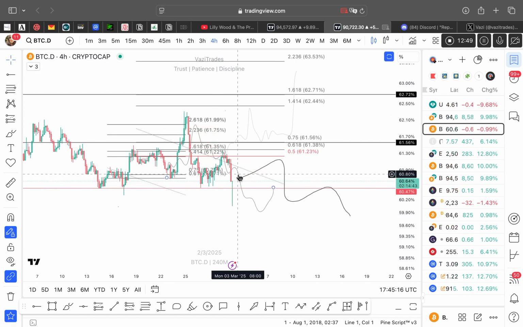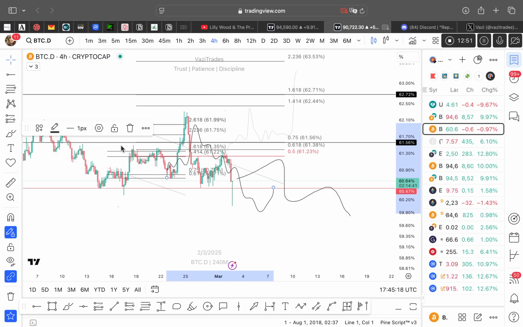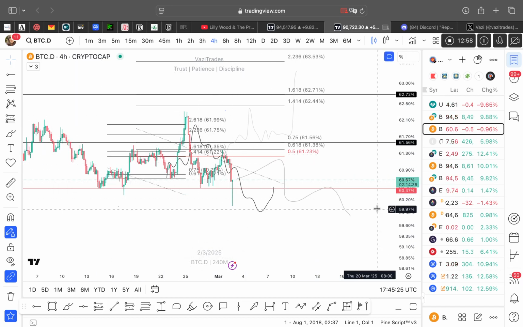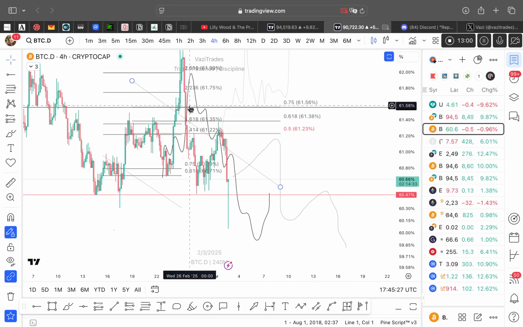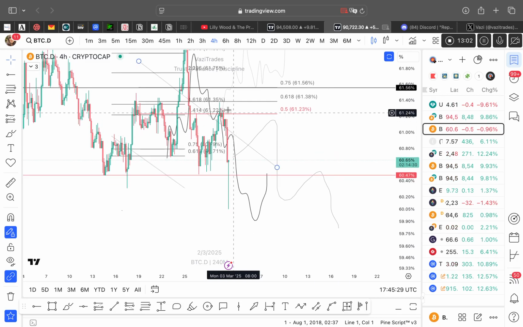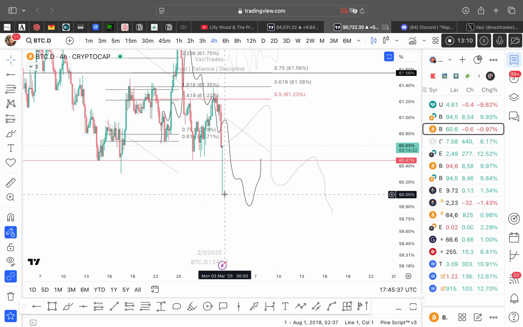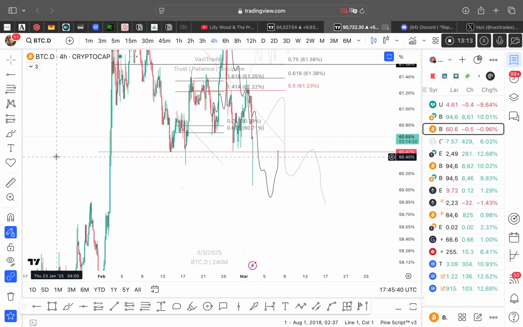So look at this. I'm an artist. Don't you agree that I am an artist? Look what I was drawing, right? Look how it was respecting all these fibs. Look how it played out. And look, my 59,90, and here it bounced from 60. Crazy, right?